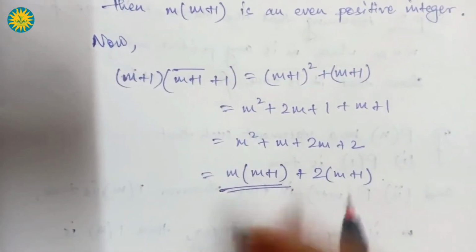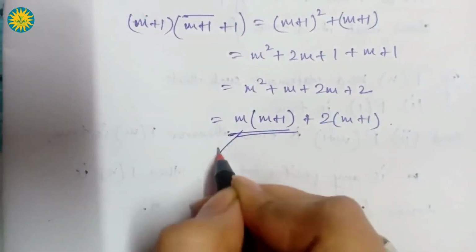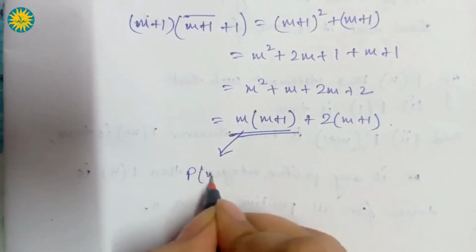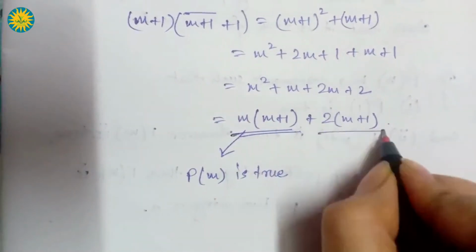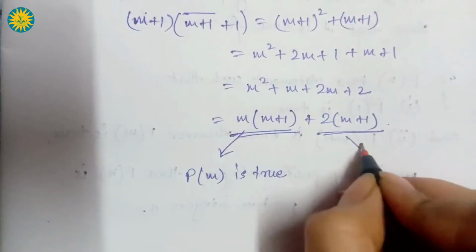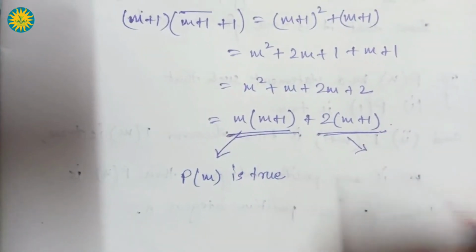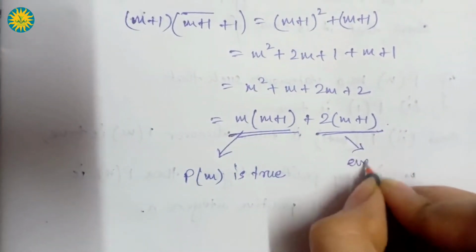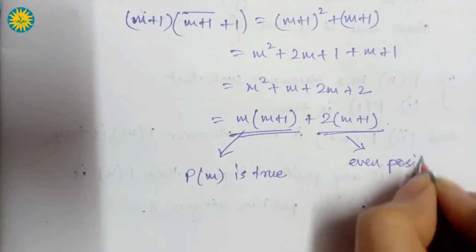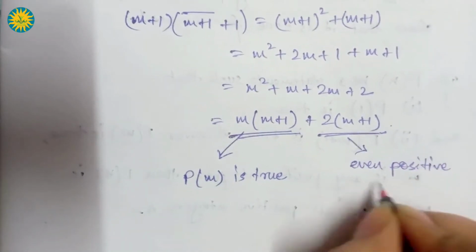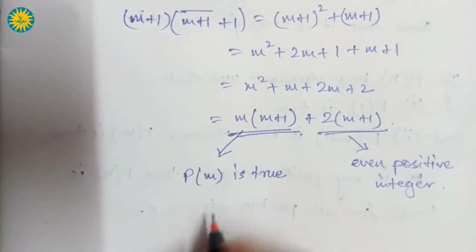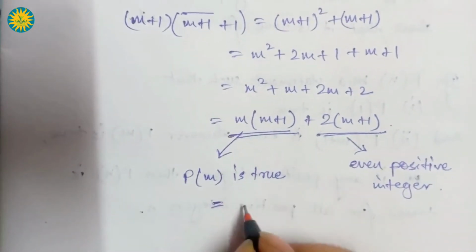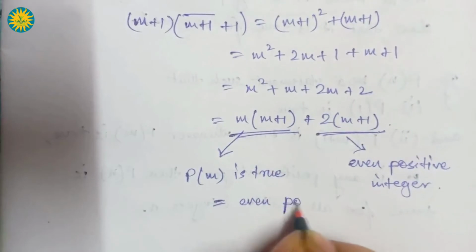We know that this is true because we have assumed that P of m is true. Also, 2 into m plus 1 is obviously an even positive integer. Hence, adding them we get an even positive integer.